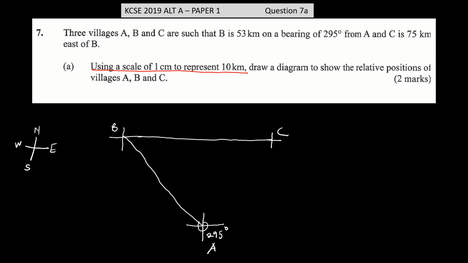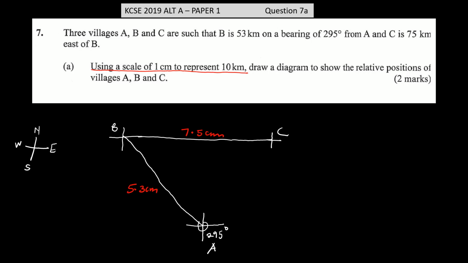We know that distance between A, B is 53 km, and distance between B, C is 75 km. But they say we are going to use a scale of 1 cm to represent 10 km. Therefore, distance AB will become 5.3 centimeter, and the distance between town BC will become 7.5 centimeter.